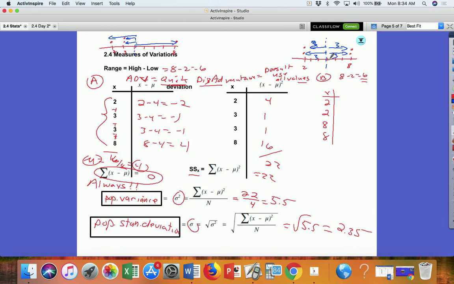Okay. So now what would you do? You would calculate, what's this formula of? This is the what? Deviation. So 2 minus 5, 2 minus 5, 8 minus 5, 8 minus 5: negative 3, negative 3, 3, and 3.